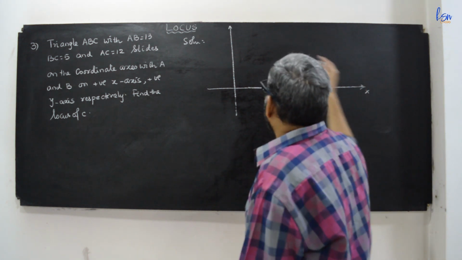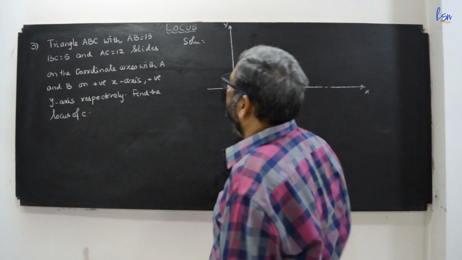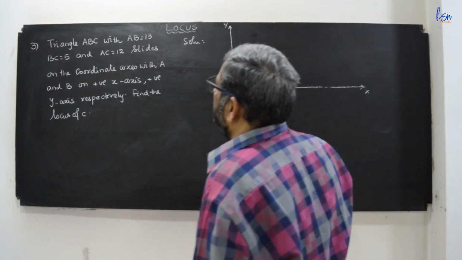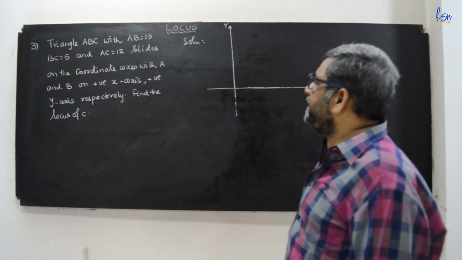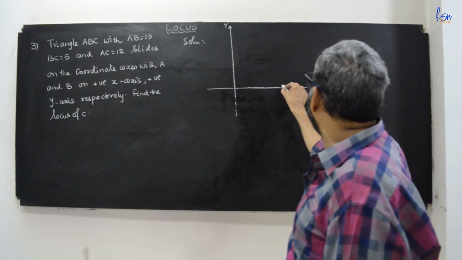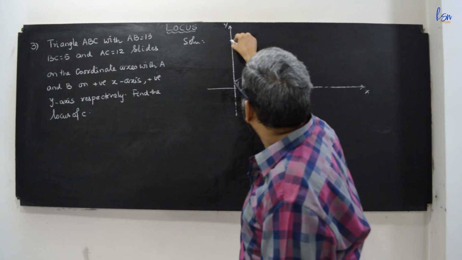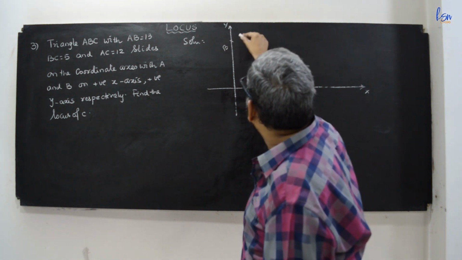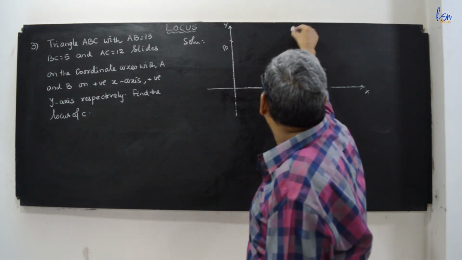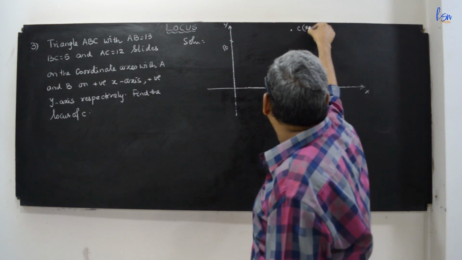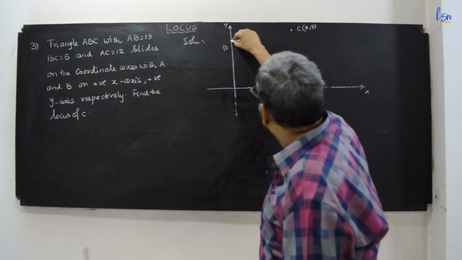This is x and this is y. A and B are on the positive x-axis and positive y-axis respectively. Let us consider this to be A and this as B, and somewhere here this C is there. We have to find the locus of C.